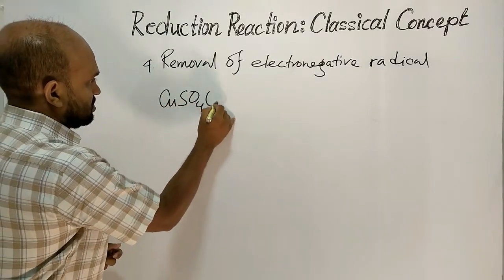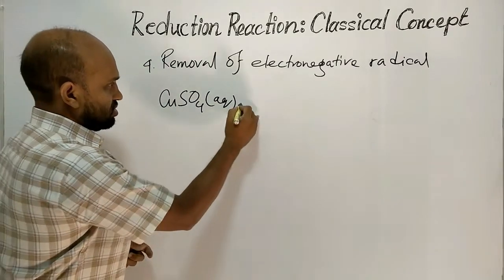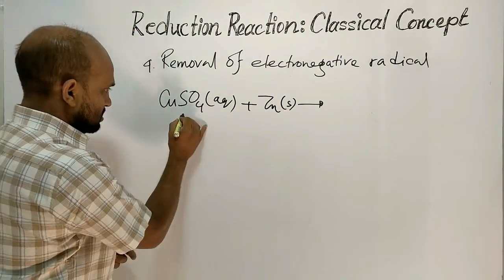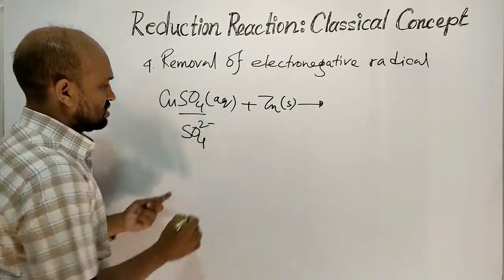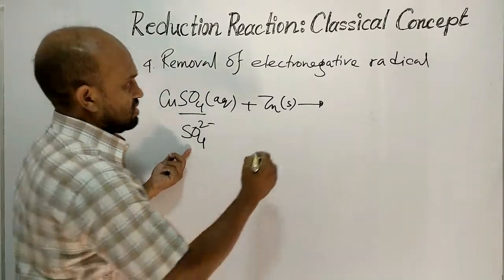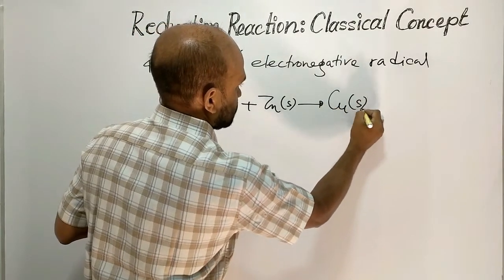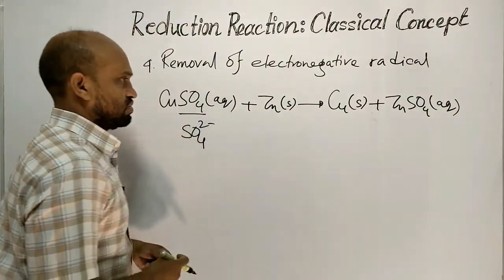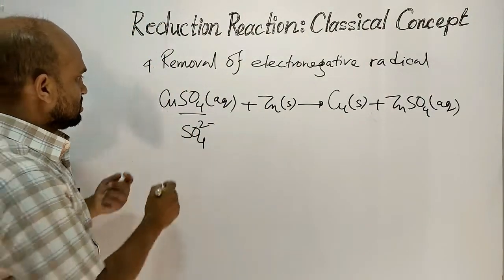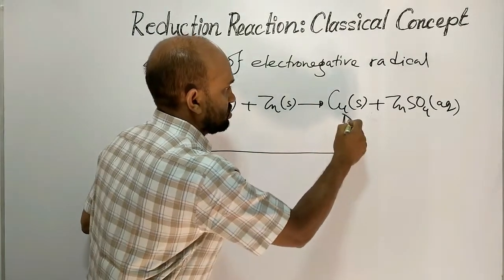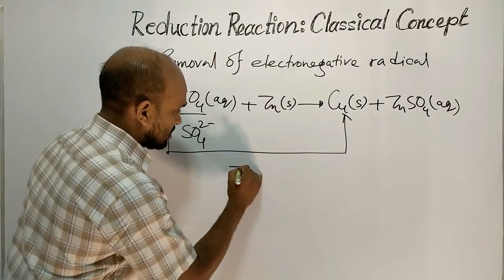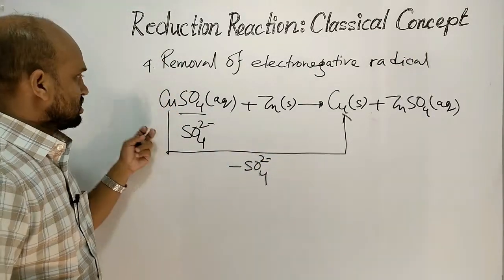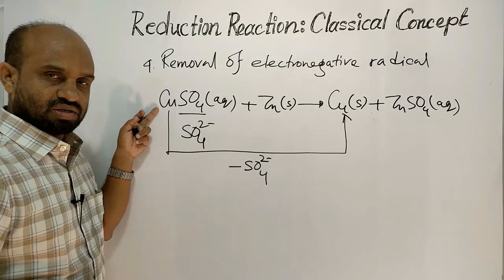Copper sulfate solution where zinc is added, then this sulfate, which is an electronegative radical, is removed, and then copper solid and zinc sulfate aqueous are formed. So in this reaction copper sulfate turns into copper after the removal of electronegative radical sulfate. So it's a kind of reduction reaction.